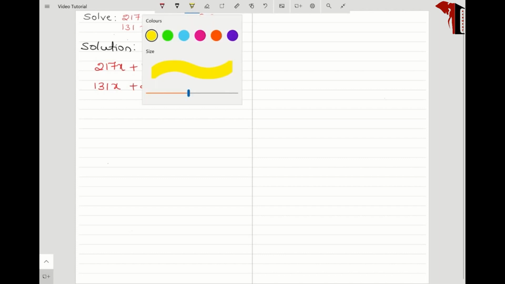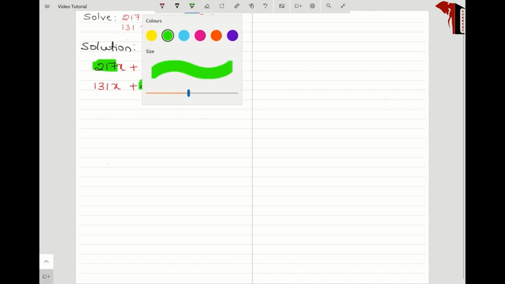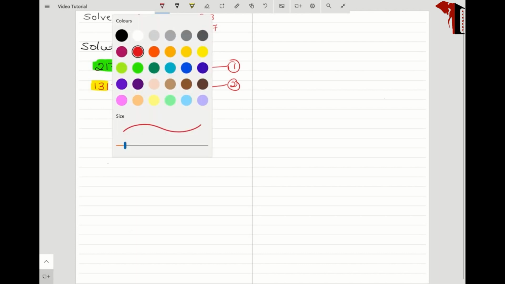As you can observe here, the coefficient 217 appears here and here, and 131 appears here and here. Now as we can see, it strictly follows the special case, correct?